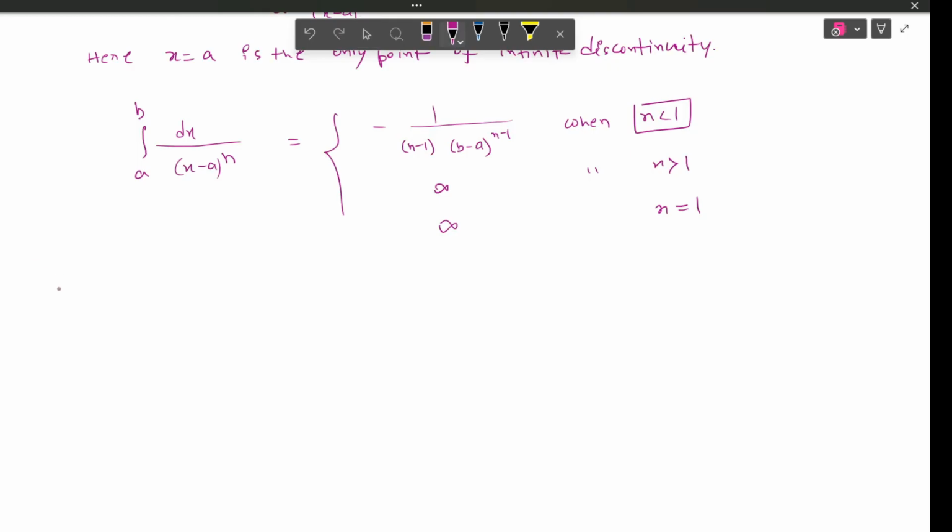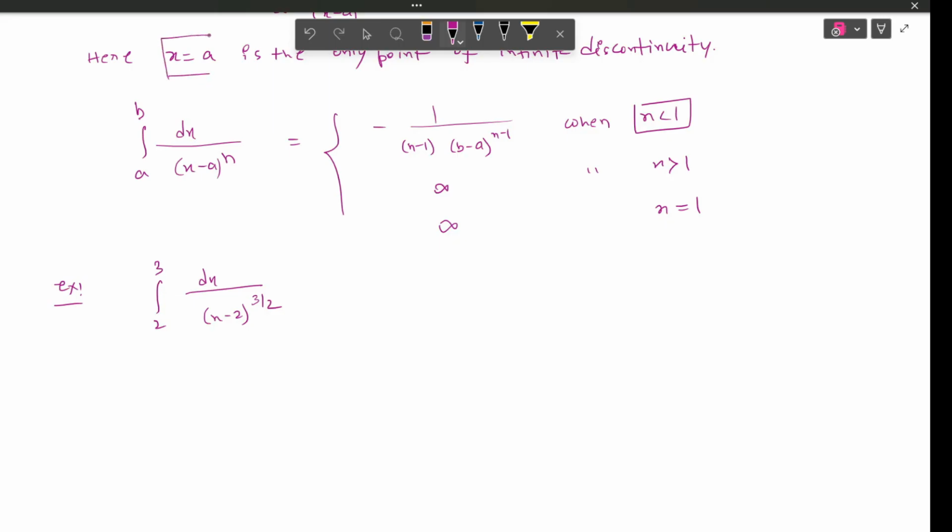If we take an example, tell me whether the integral from 2 to 3 of dx by (x minus 2) to the power 3 by 2 will be convergent or not. See, this is the format, right? a to b of dx by (x minus a) to the power n. So here a is 2 and n is 3 by 2. If you put 2 here, this is the only point of discontinuity, right? You have to remember the format.